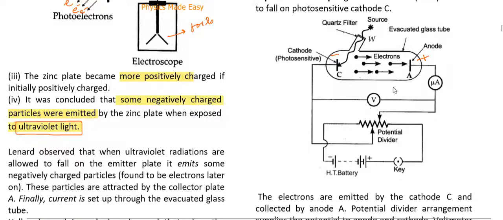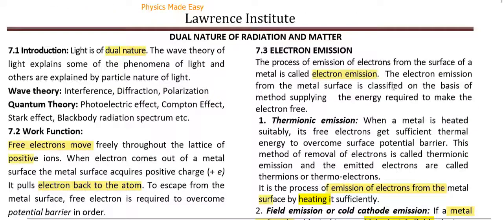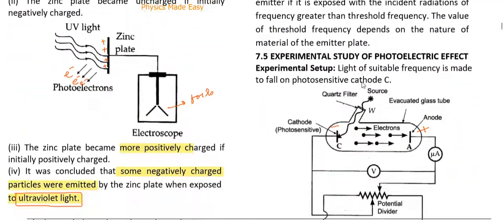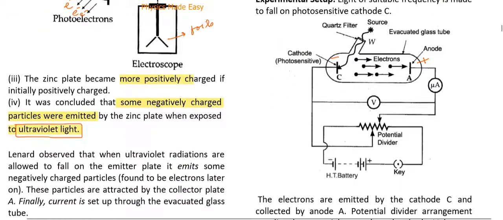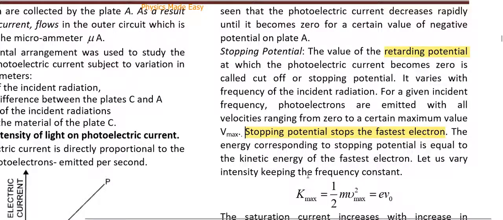At a particular value of negative potential, known as V naught, even the fastest electron having maximum energy K max fails to reach the anode, and this potential is called stopping potential.